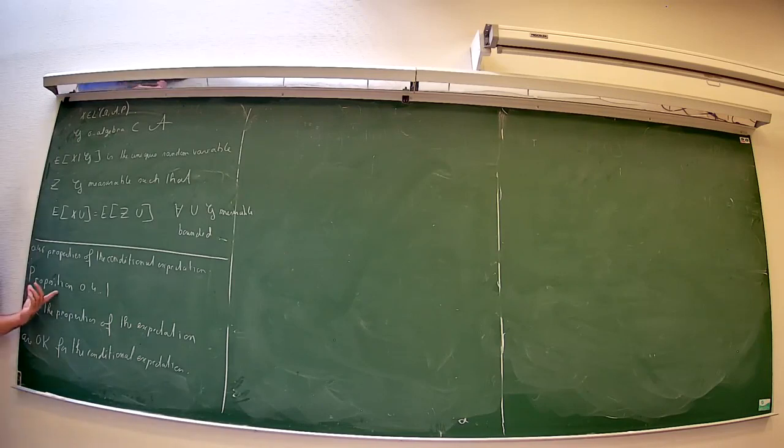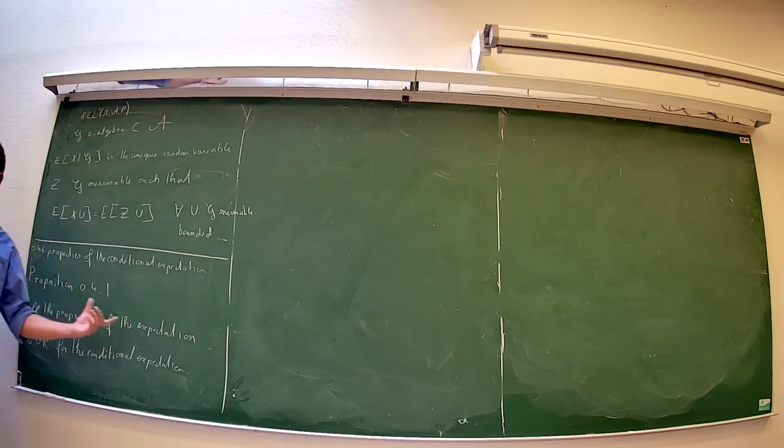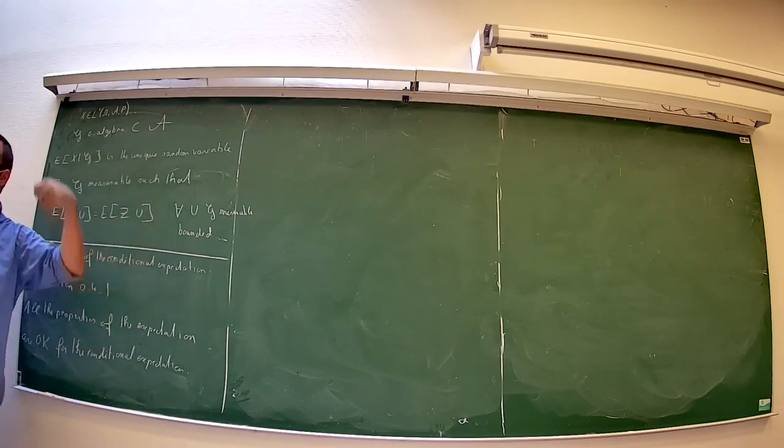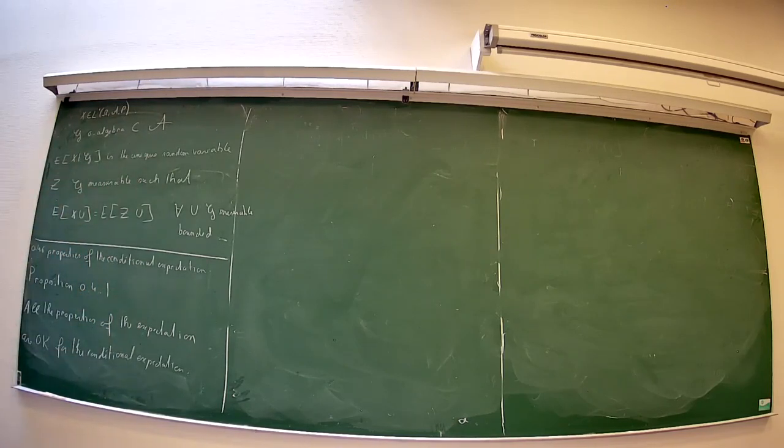For the details of all of them, it's just a reminder concerning the properties of expectation. I won't spend time writing what linearity or dominated convergence is in this case, because it's exactly as in the case of expectation. So we can use all these tricks in the case of conditional expectation.